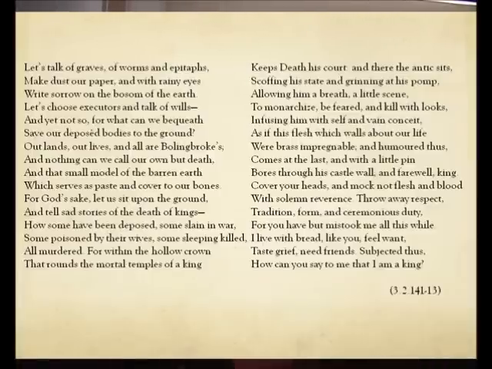Cover your heads, and mock not flesh and blood with solemn reverence. Throw away respect, tradition, form, and ceremonious duty, for you have but mistook me all this while. I live with bread, like you, feel want, taste grief, need friends. Subjected thus, how can you say to me that I am a king?